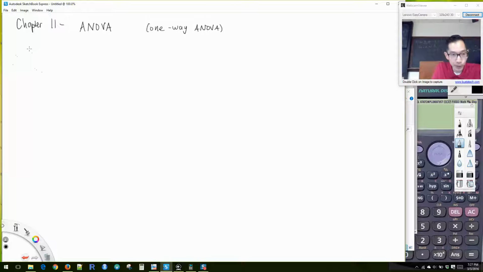ANOVA stands for Analysis of Variance, okay? And that is a good summary of what it is. So if we think about, what is variance?